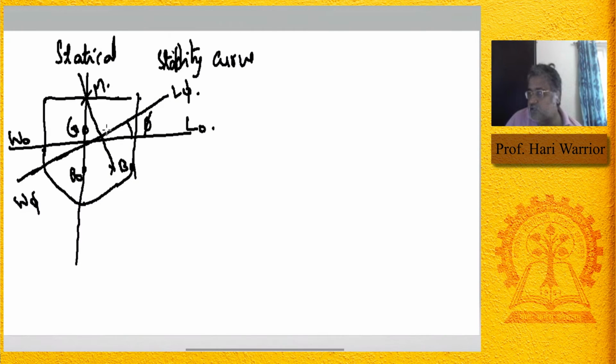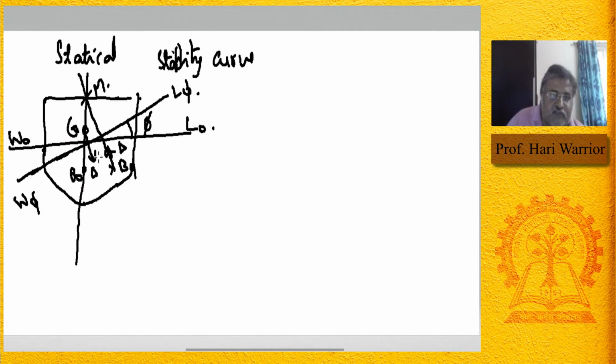Okay, this we know. Now, what is our final state? The weight, delta, is acting vertically at G, and at the center of buoyancy, the upthrust, which is equal to the weight, delta, is acting upwards.